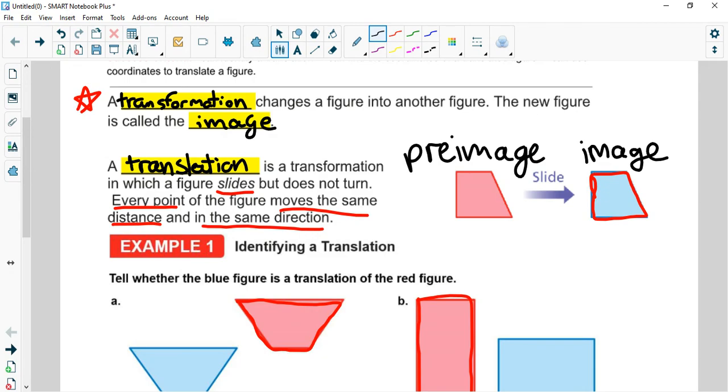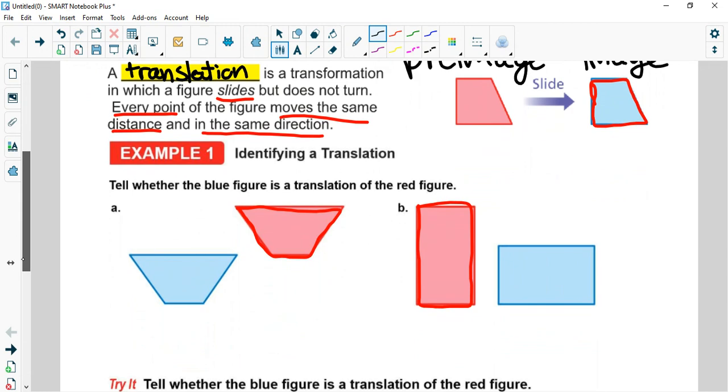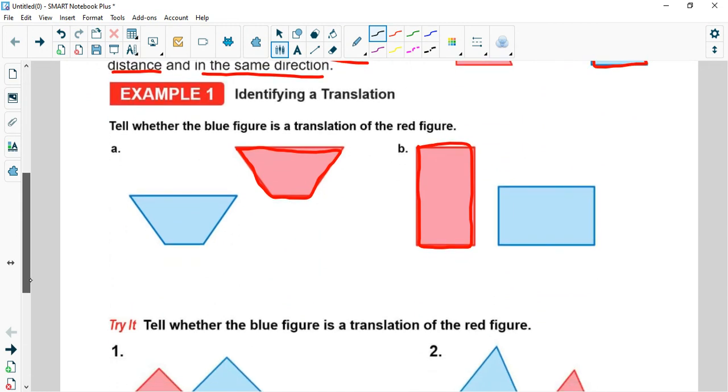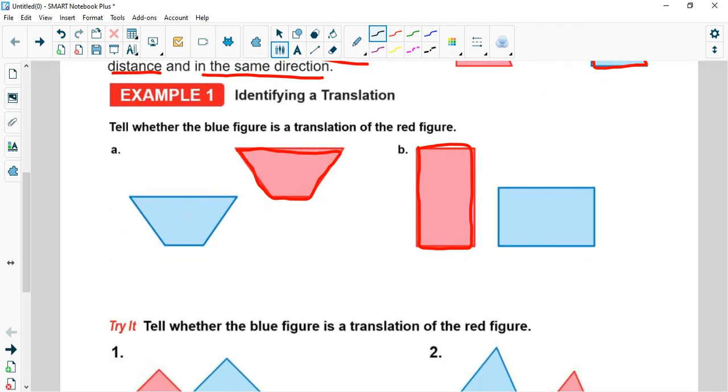Our first example of what we're doing is just, can you tell if two shapes are a translation of each other? So example 1, identifying a translation.